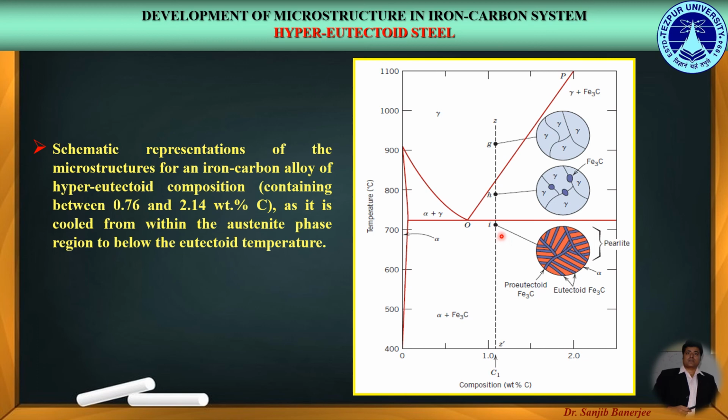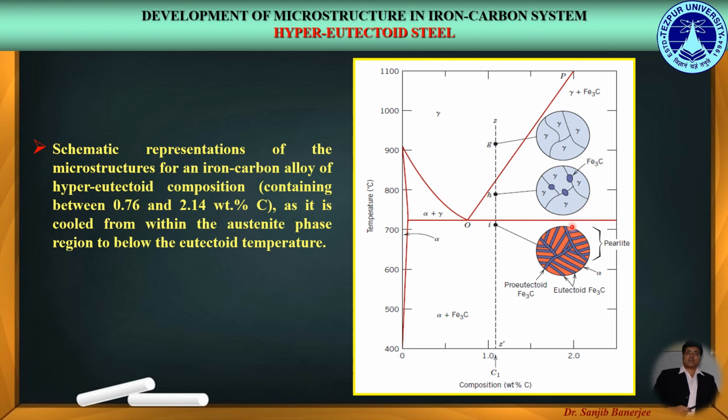Now, just before crossing the eutectoid temperature, the austenite phase which remained in the microstructure has the eutectoid composition, and while crossing the eutectoid temperature, it will undergo the eutectoid reaction and will immediately transform into the pearlite phase.